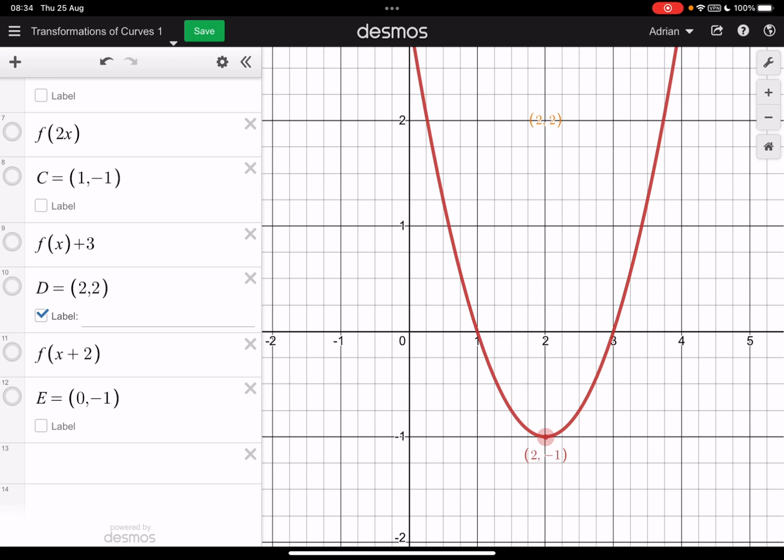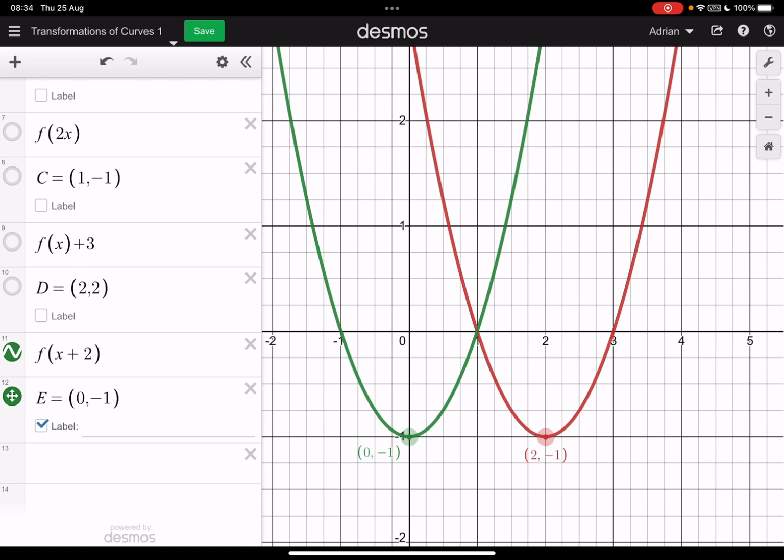But again, like when I multiplied by 2 and it actually created a dilation by half, this is not going to add 2 and move it to the right. It's going to take away 2 and move it to the left. So here we are, we've actually moved it to the left, even though we're adding on. And again, look at the x coordinate, it's moved from 2 to 0.